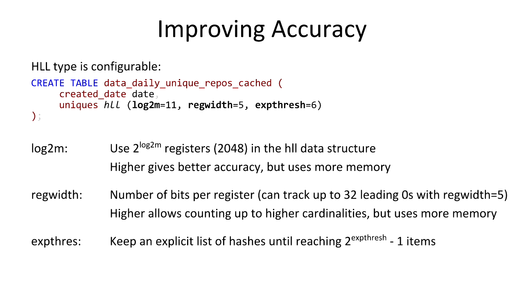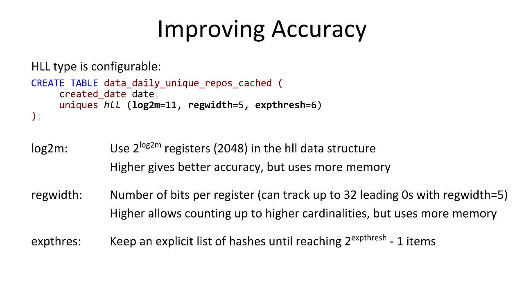So if you have 5 bits, you can count up to 32 0 bits. What this means is that there's a limitation to counting very high cardinalities. If you have sets that contain more than 4 billion items, then you might need to increase the register width, which will also significantly increase the memory. Also, every time you increase this by 1, the amount of memory you take will double.